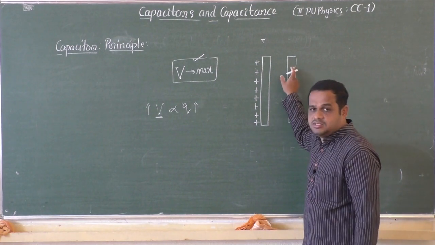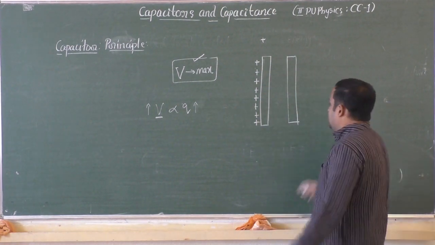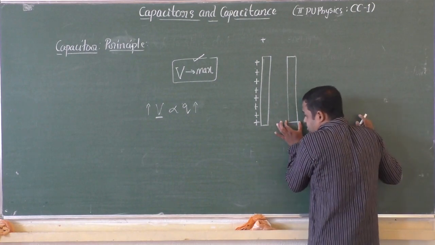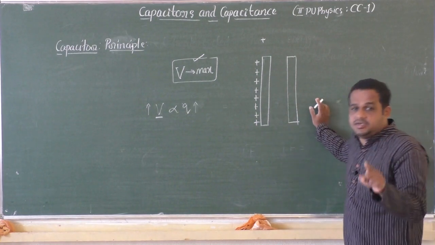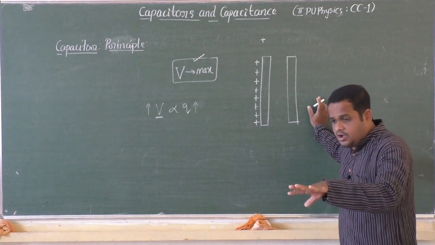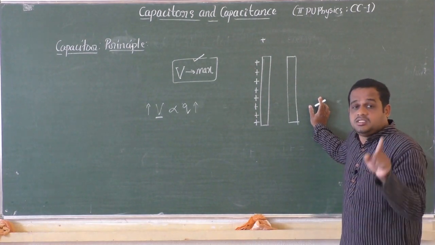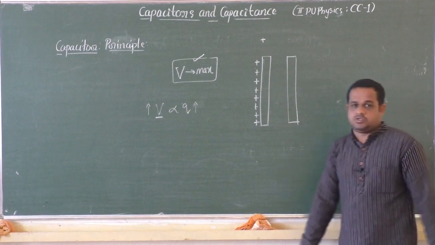That means it contains an equal number of positive and negative charges. When an uncharged conductor is placed near a charged conductor, we know that charging by induction takes place. Without contact, charging is possible, and that method of charging is called charging by induction. Now in this case, charging by induction is possible.